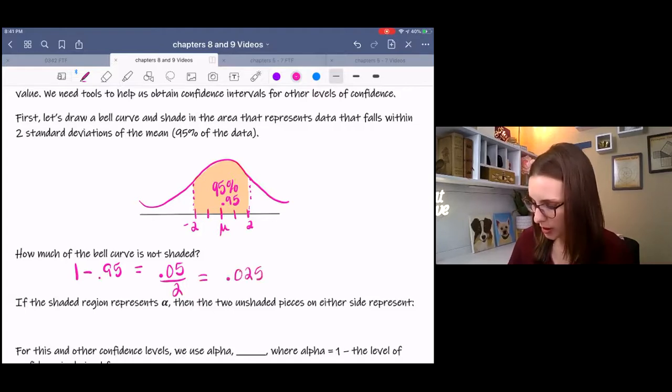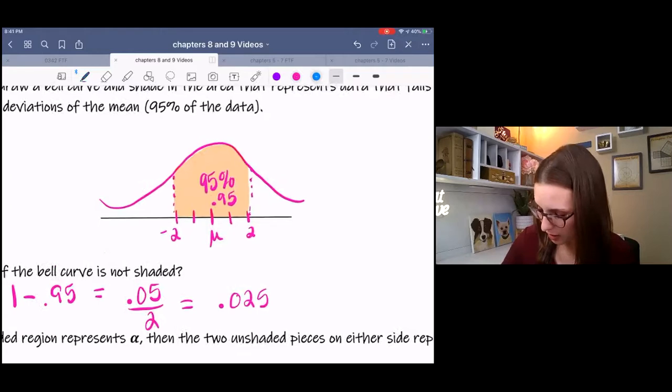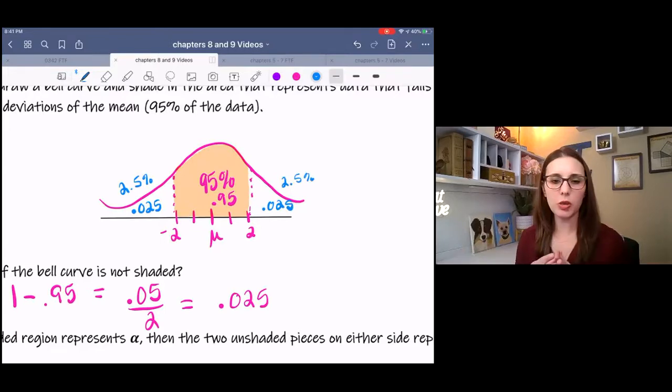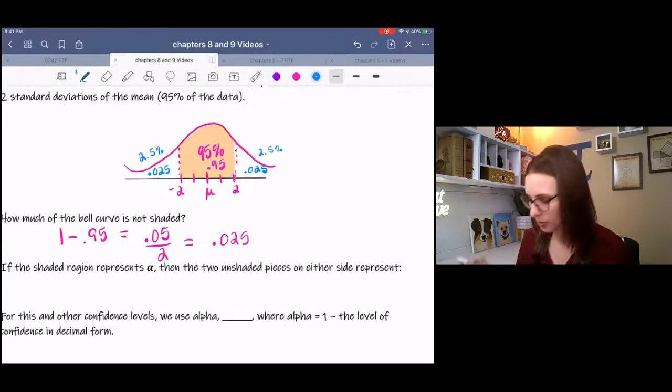So each little piece here is 0.025, or 2.5%. That's really going to tie into what we're about to look at today. We're going to be focusing in on those little tails.